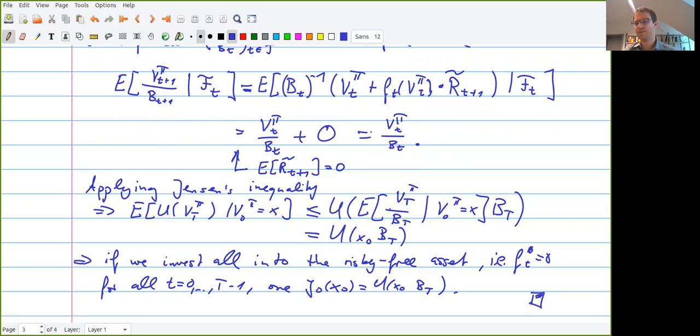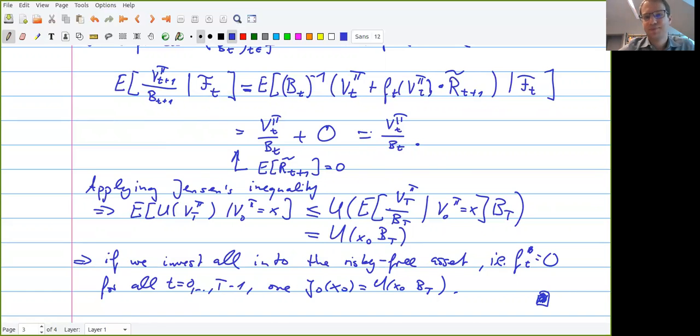So we know there is an upper bound given by investing all my money into the risk-free asset. This is what Jensen's inequality tells me.